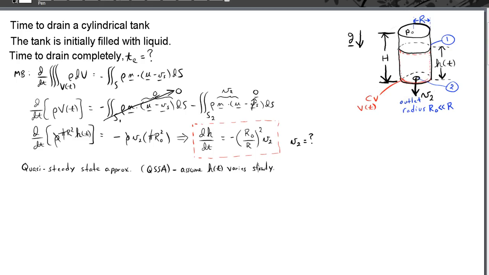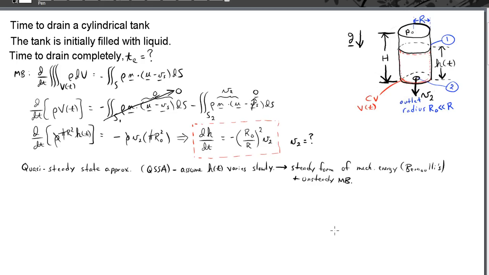And as a result, we can use the steady form of the mechanical energy or Bernoulli's equation, along with the unsteady form of the mass balance that we just derived.